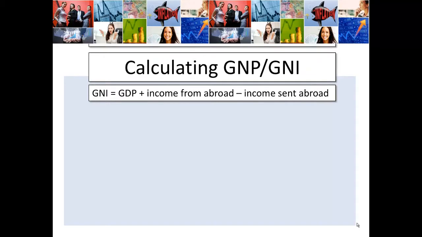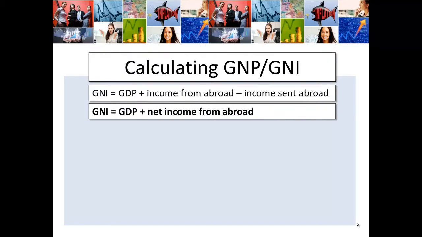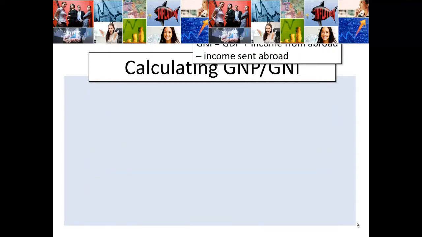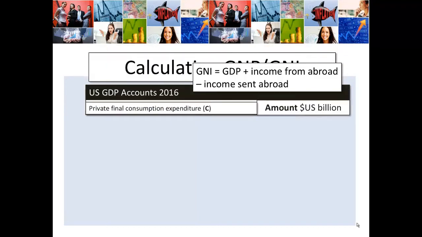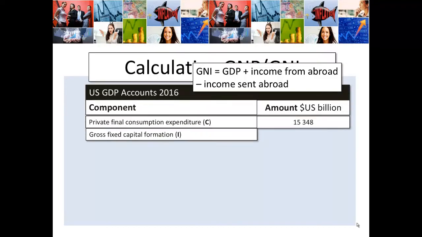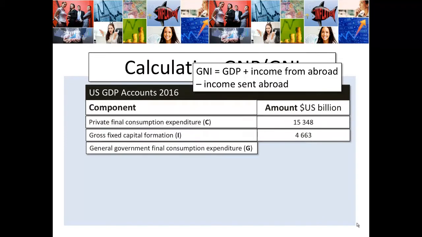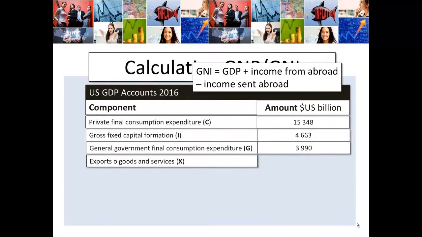Calculating GNP, GNI. If you can calculate GDP, there's no problem at all. The formula: GDP plus income from abroad minus income sent abroad. So that's what we term net income from abroad taken together. Here goes that formula. Just like we calculated GDP, this is the first thing that we do.